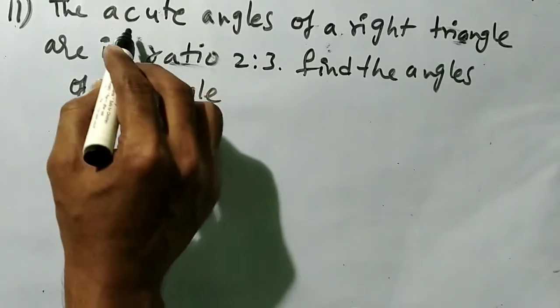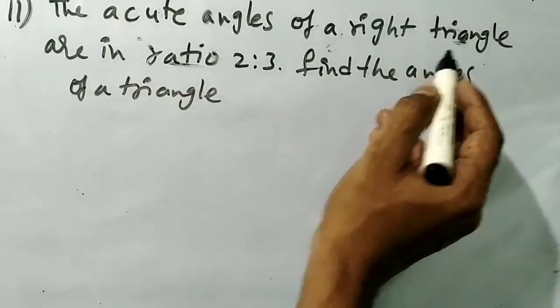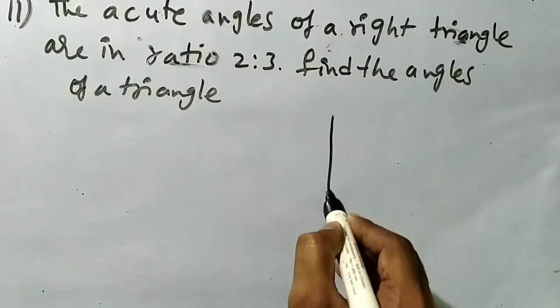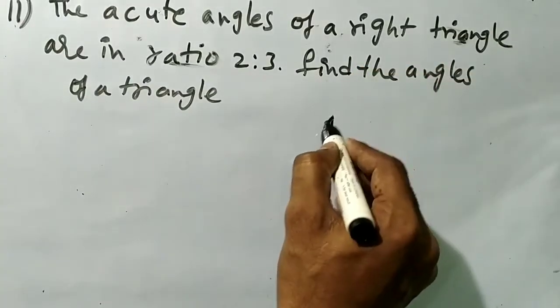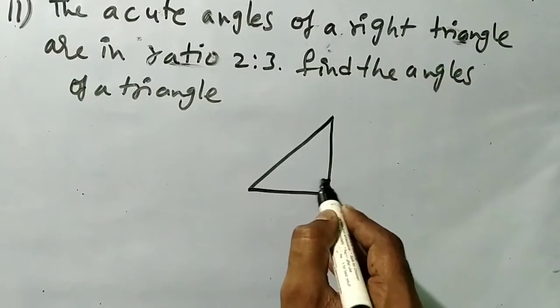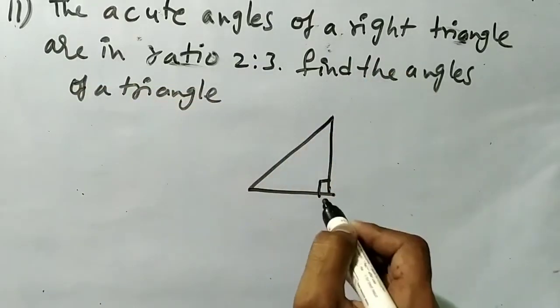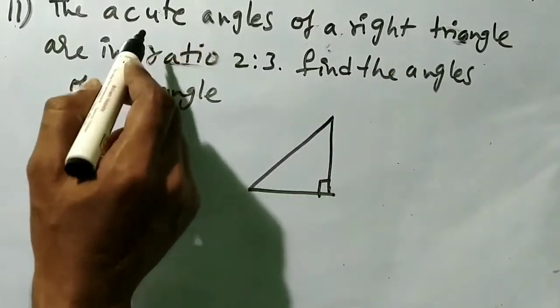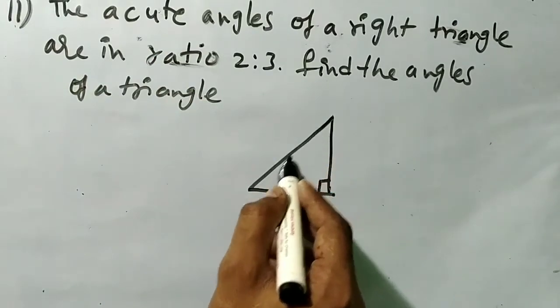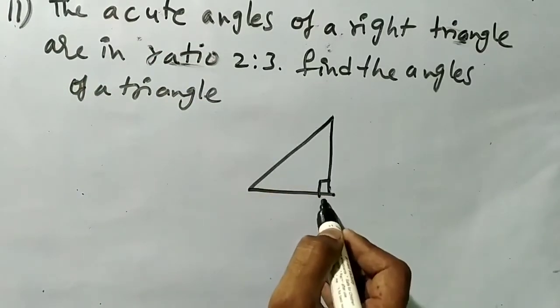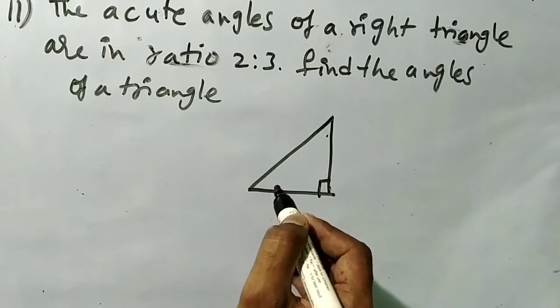Here, the acute angles of a right angle triangle. They have given a right angle triangle, triangle PQR, adding the ratio. So among the three angles, one is a right angle, and the other two are acute angles.